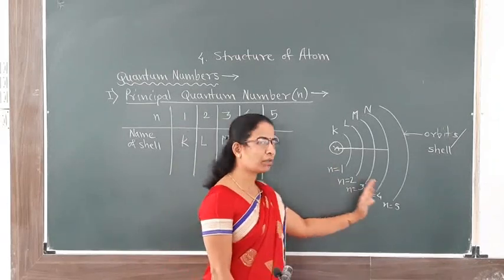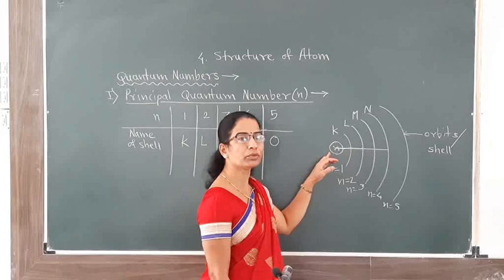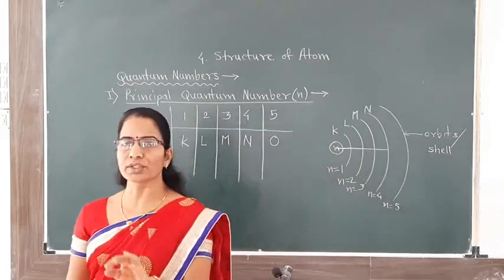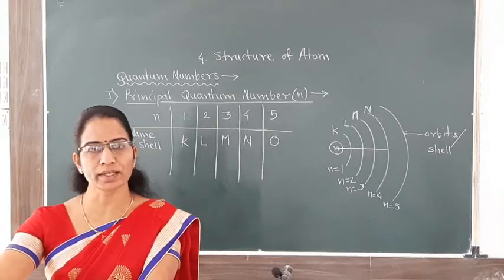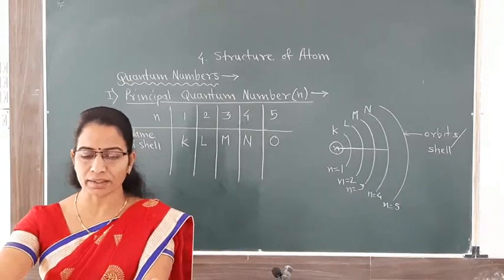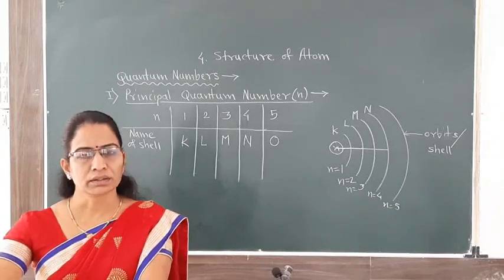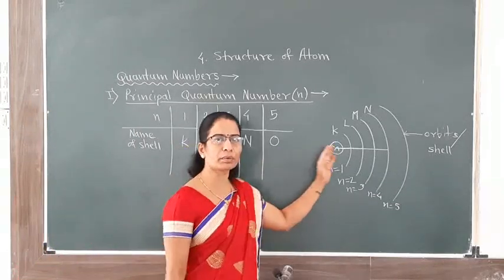Means, if the number of the shell increases, the distance of that shell from the nucleus also increases, and that's why the size of that shell increases. Obviously, the size of the atom will also increase. Again, this shell gives us the idea about the energy of the shell.